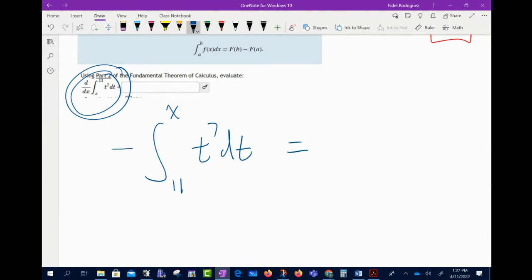So if I were now to evaluate this, I'm looking for the derivative with respect to x, my f prime of x. All it's going to be is now a negative. Everywhere I have a t, I'm going to plug in the x, and that would just be a negative x to the second. Okay? So I can reverse my limits, but now my integral becomes negative when I reverse my limits.